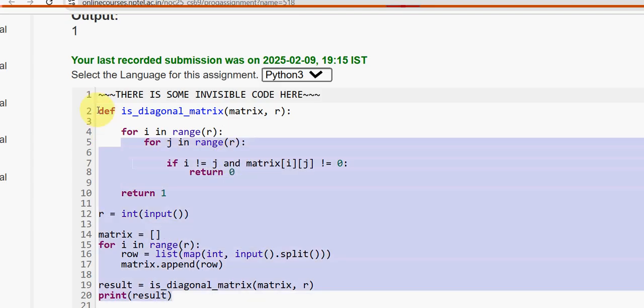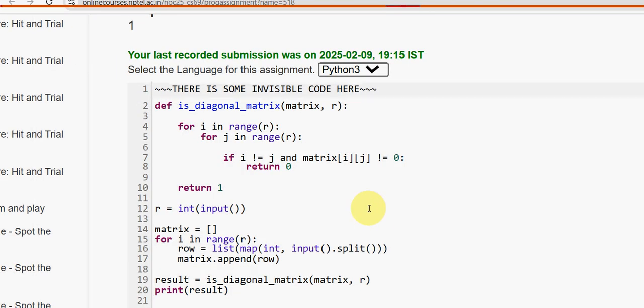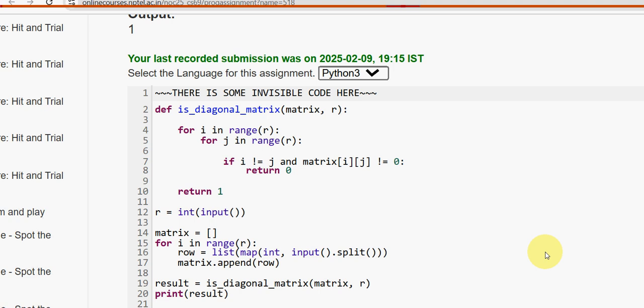This is the code for the first question, right? This will work 100%, guys. We have already checked the code. Do follow the indentation rules exactly. You can take a screenshot of this or pause the video here and note down the code.